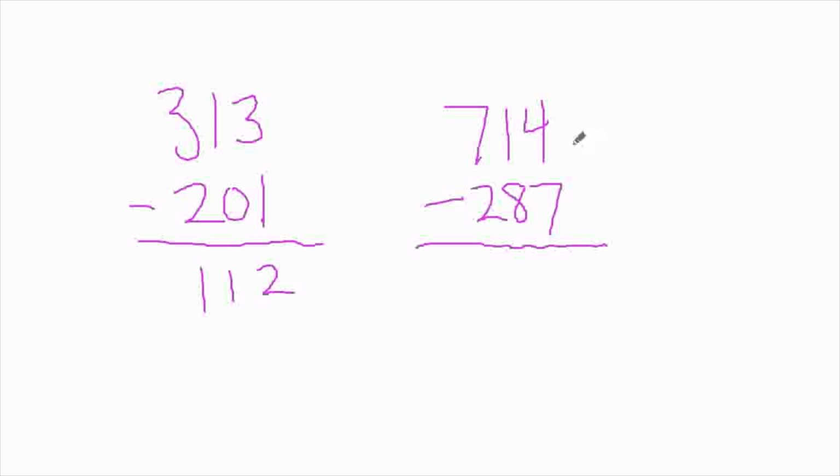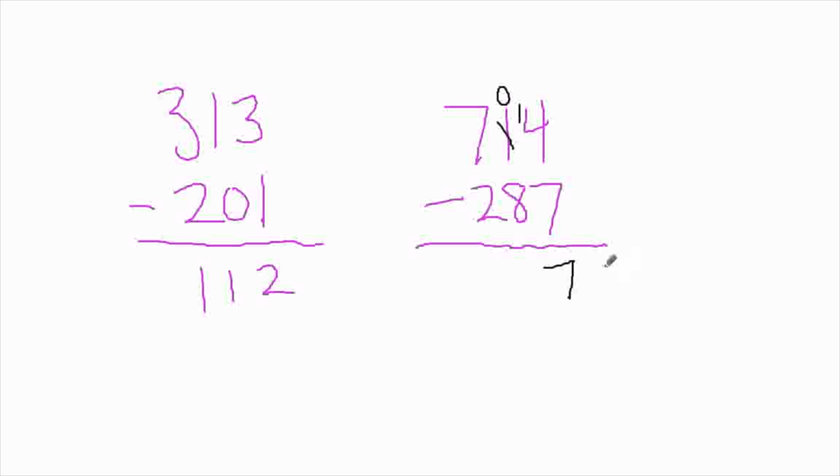Now 4 take away 7, we can't really do that. However, what if I combine the 4 with one of the packets of 10? I'm going to steal one of the packets of 10, so I'm going to change that 1 to a 0, and now I'm going to change the 4 to a 14. Now 14 minus 7, that's no problem, that gives 7.